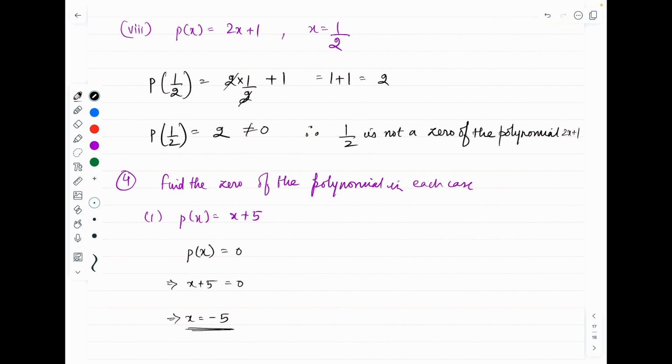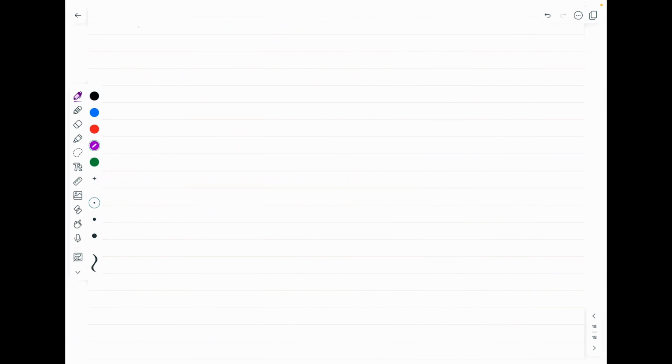So from here we can write minus 5 is the 0 of the polynomial x plus 5, because linear polynomials will only have 1 zero. I have already told you. First make p of x equals 0. Instead of p of x, replace the polynomial, and from there you find the value of x. That value is the 0 of the polynomial.